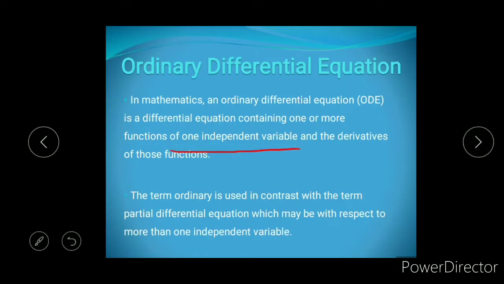The term ordinary is used to contrast with the term partial differential equation, which may be with respect to more than one independent variable. So in partial differential equation we'll have more than one independent variable, and in ordinary differential equation we have to work with only one independent variable.